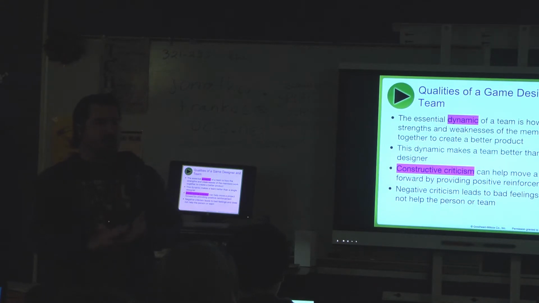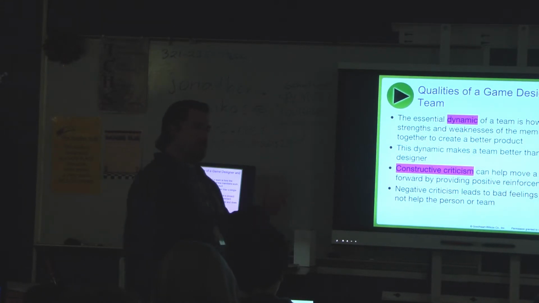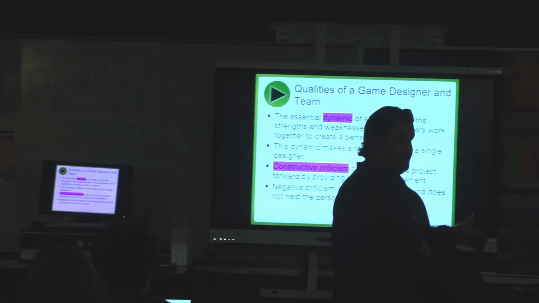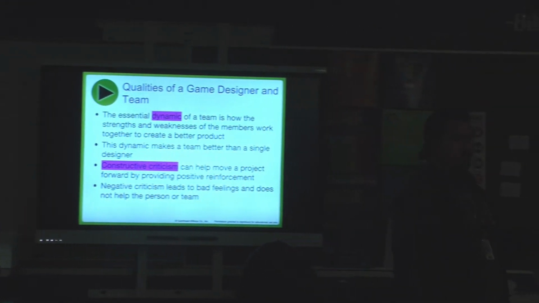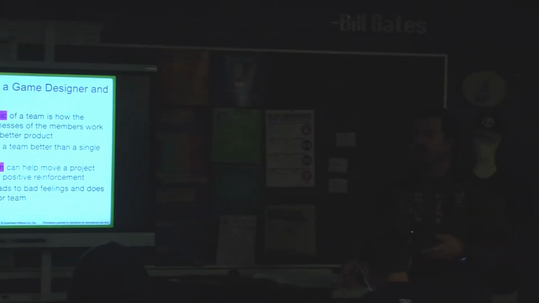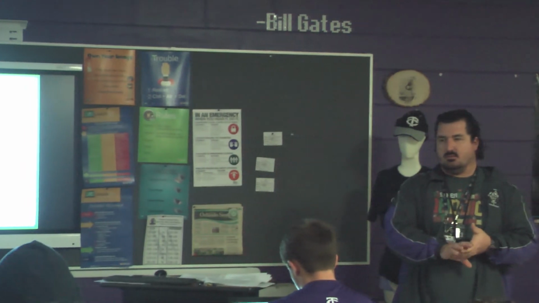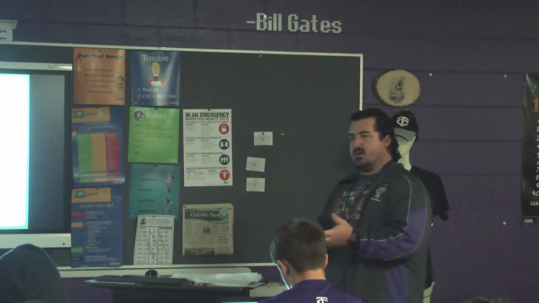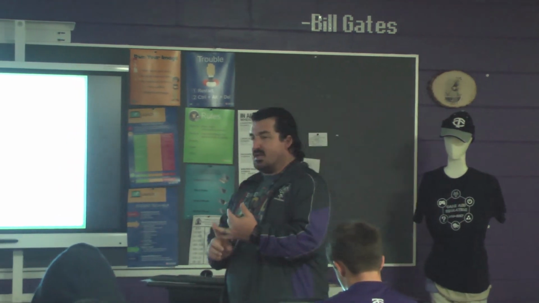You have to have a good dynamic in order to utilize every single possible strong skill from those individuals. It's very different than if you had 4 people who each had great social skills. Right? Because you wouldn't have very good programming. You would not have the best writing.